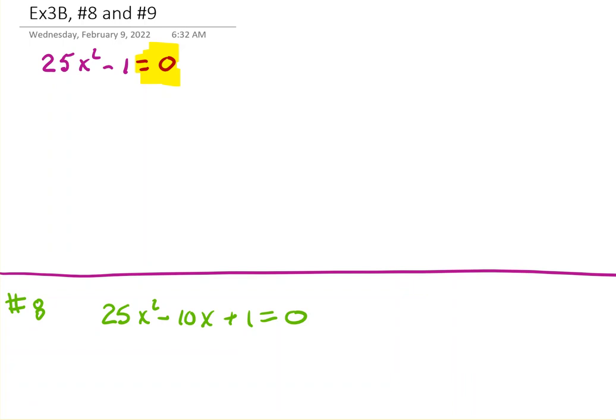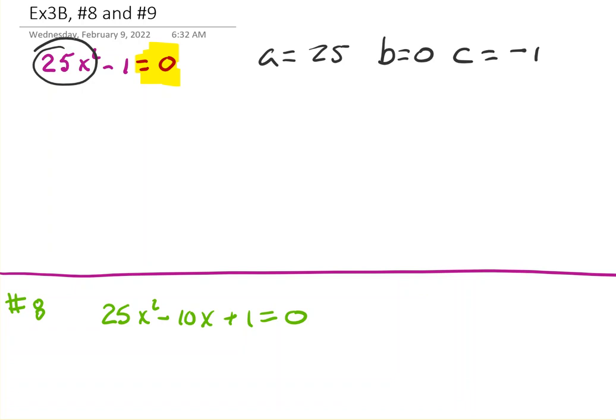Okay, so first of all, I do realize that there is an A. A equals 25. There's no B. And I do have a C, which equals -1.